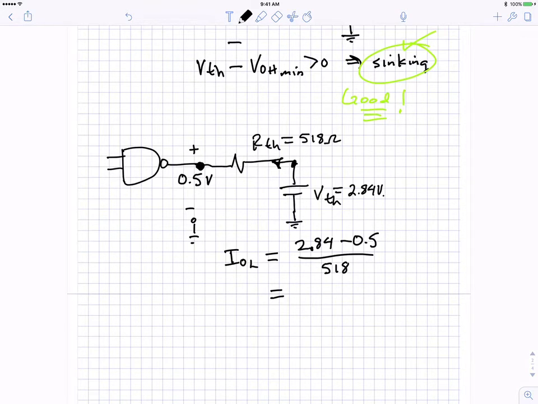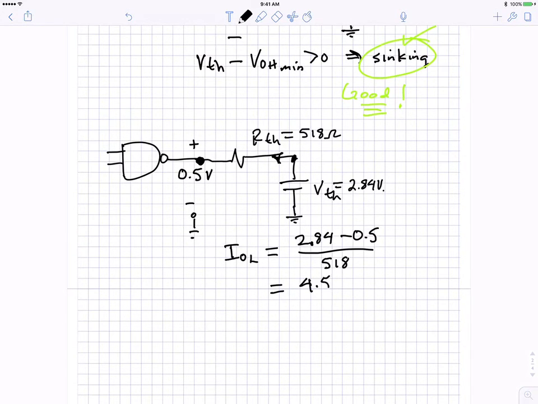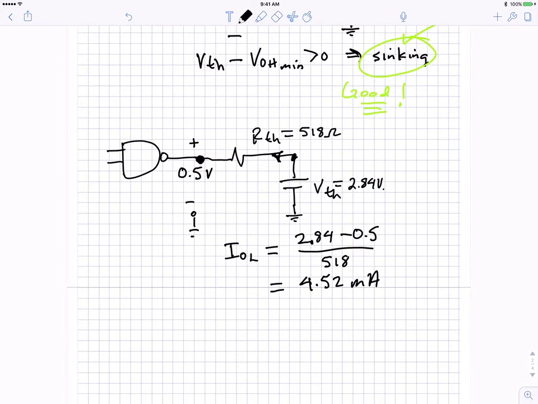And so when I calculate that, I get 4.52 milliamps, which is less than 12 milliamps.